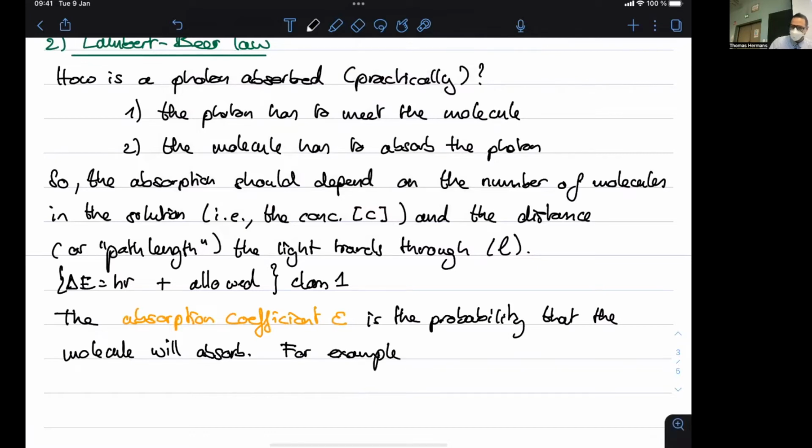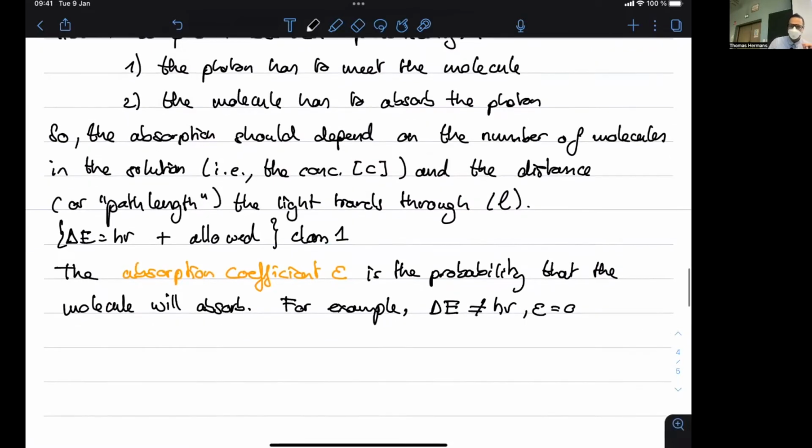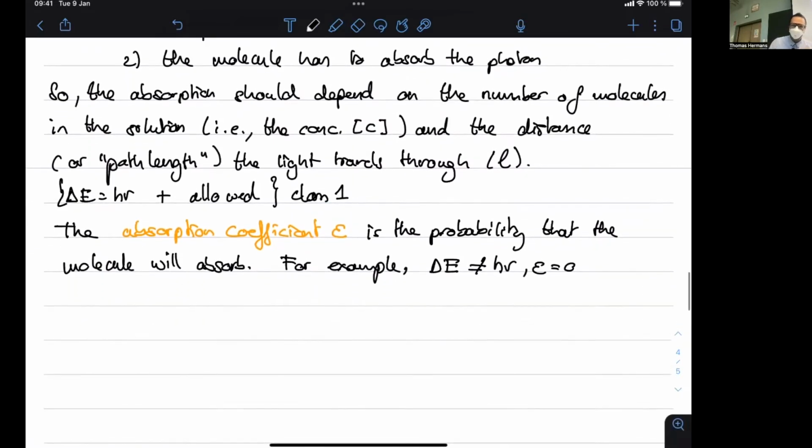So for example, if delta E is not h nu, then epsilon will be 0, right? If the energy of the photon doesn't match the transition, your absorption coefficient is 0. So it's a molecular property, right?